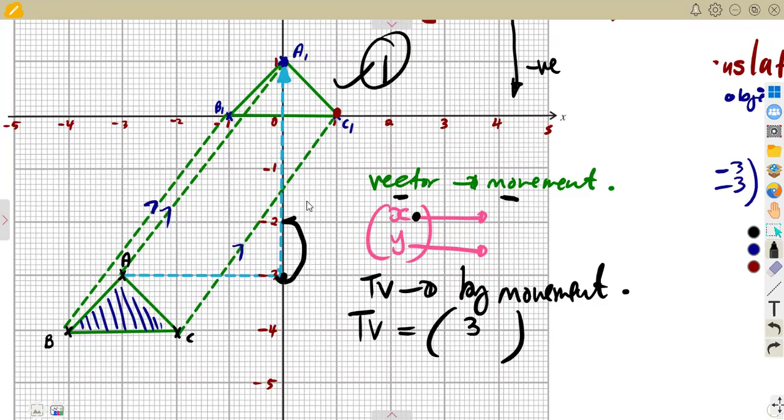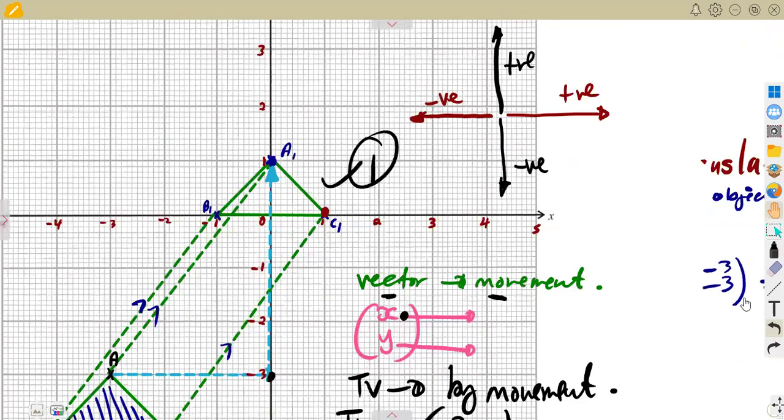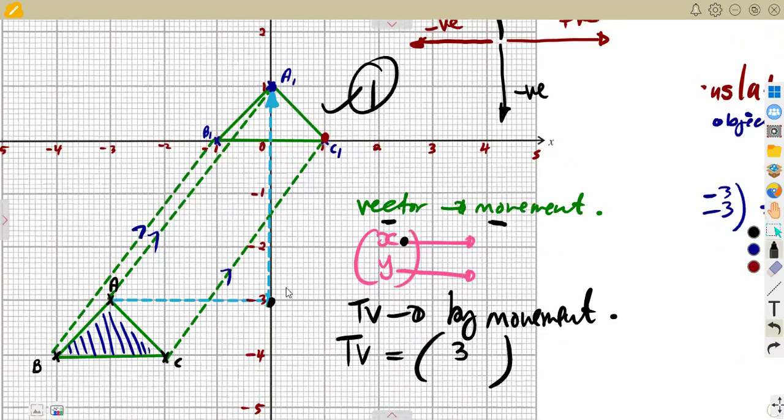Going where? We are going up. So anything about the y as it is going up, it is considered what? As positive. So these are 4 units going up, that is positive 4. That's the translation vector.